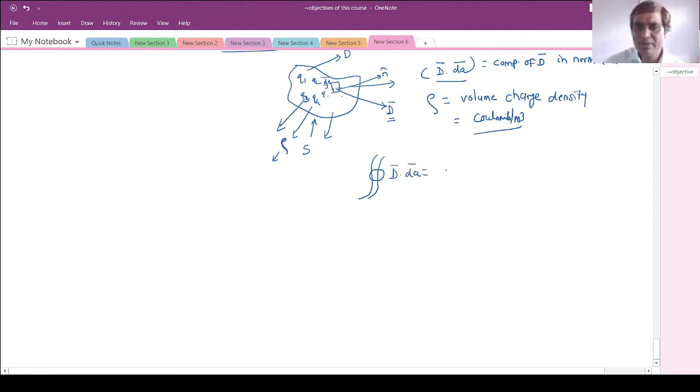It will be giving me the total outward displacement. Okay, and let us find out the total charge present in it. So it will be inside the volume, so that can be represented with a triple integration of rho, that is charge density, with small volume dV. Okay, and Gauss states that it should be equal.